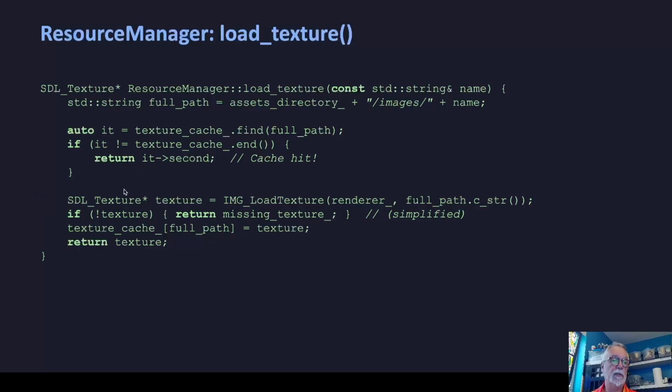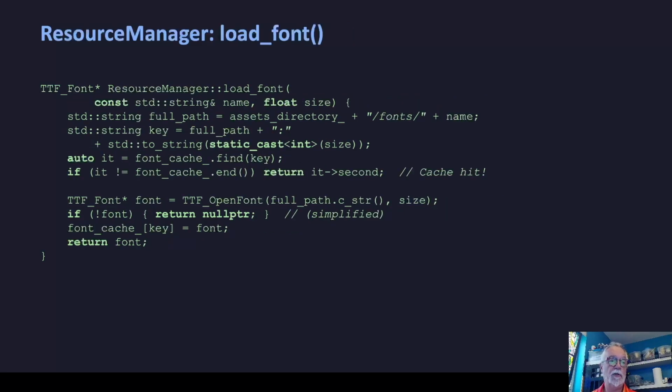I made the decision, just to help illustrate how different systems can behave differently, that the load font has no failback, so if you miss the cache and you can't read it from disk, you're going to return a null pointer here. But the pattern is exactly the same. Fonts live in the asset directory, in a directory called fonts, and they have a name, and that name has a colon following it with the size.